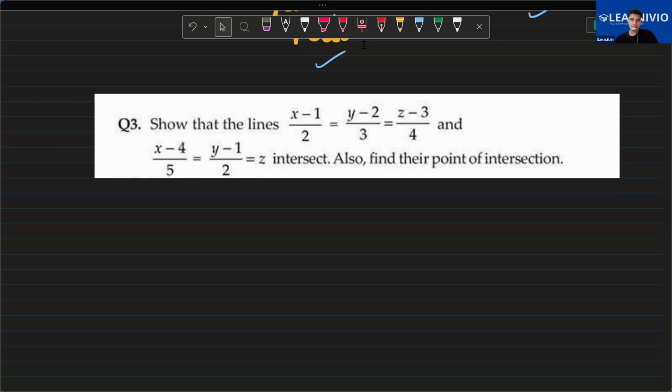I found the parametric form first, and then I found lambda and nu, and then they were the same, like the values of lambda and nu were the same.